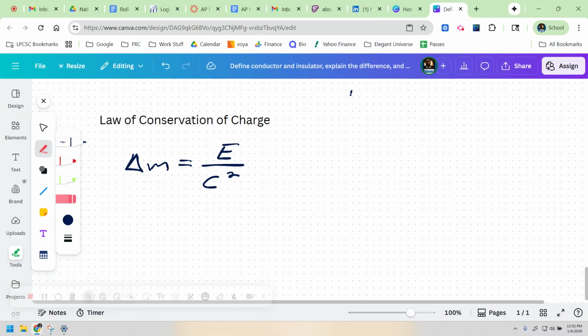And if you're wondering why that looks familiar, have you ever heard of this equation? Where this is the energy, and this is the mass of the object.